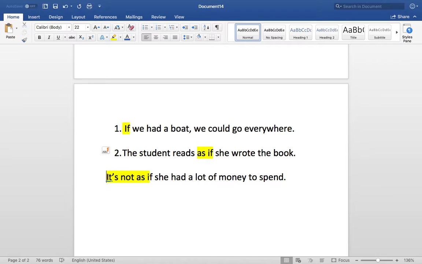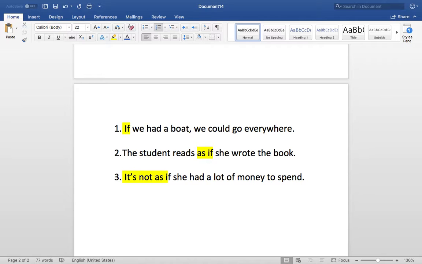And another example, okay, you are with your best friend in the mall, and you see how your best friend goes here and buys this and buys that and spends all this money, and then you say, she has a lot of money to spend.